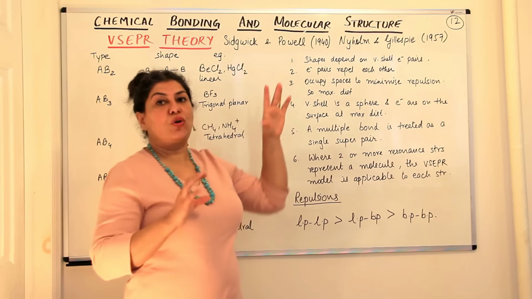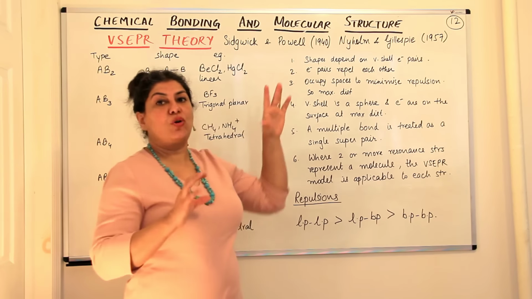The lone pairs tend to show a greater repulsion to lone pairs. So the repulsion by lone pairs is the maximum, and then comes the repulsion of the bond pairs. So when you have electrons arranged around on the sphere in the atom, if you have 2 lone pairs, the repulsion between 2 lone pairs would be maximum.